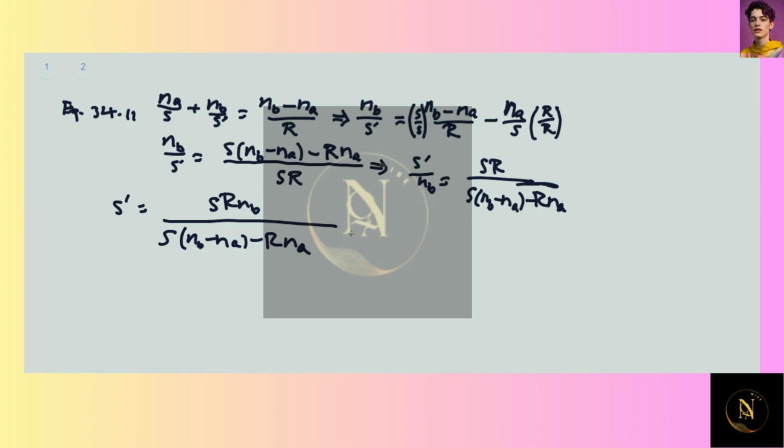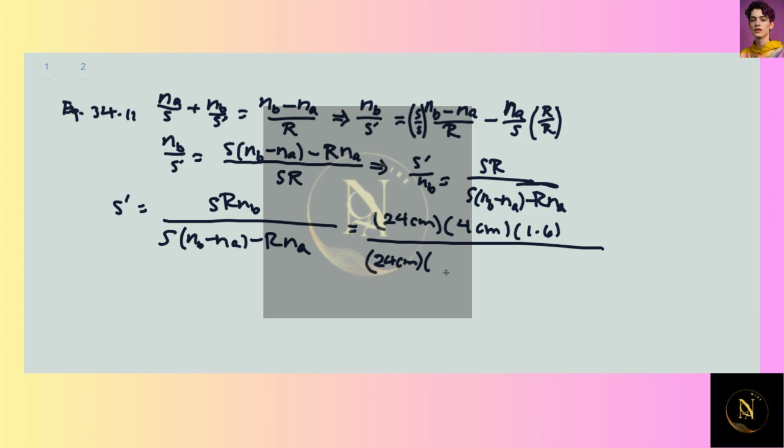So everything on the right-hand side we know. So let's simply substitute for S. We were given that that's 24 centimeters. We were given R of 4 centimeters, and Nb is 1.6. Again, we substitute for S, 24 centimeters.